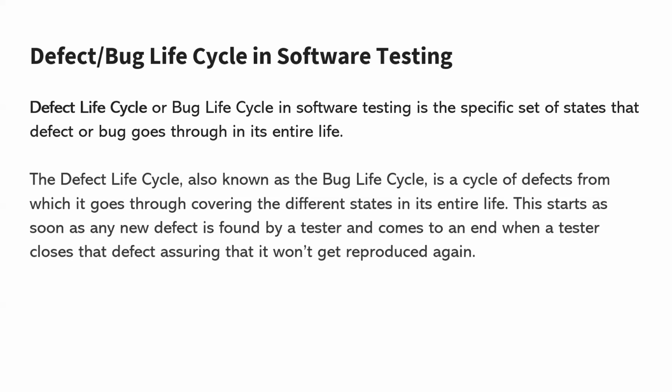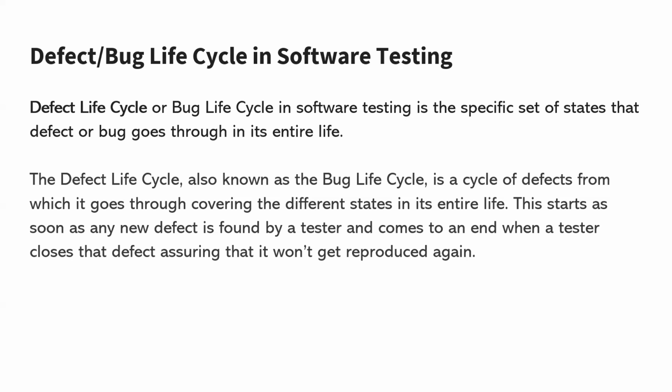It starts whenever the QA engineer finds a new defect, and it goes till the fixation, till the defect closure. Okay. So guys, defect life cycle and bug life cycle are both the same.